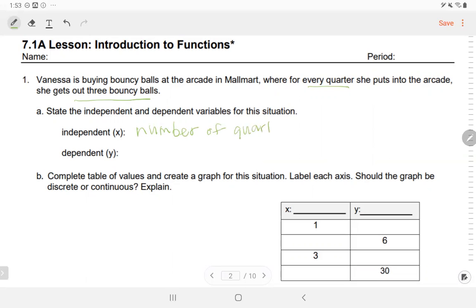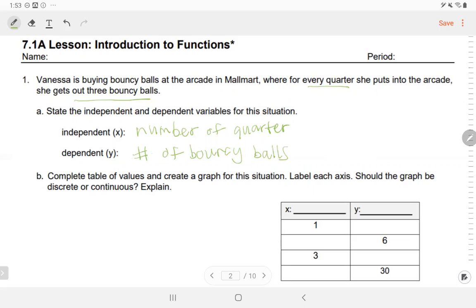And this would be our x variable, and the dependent variable, the number of bouncy balls, depends on how many quarters that Vanessa puts in. So I'm just going to write the number sign, the number of bouncy balls.